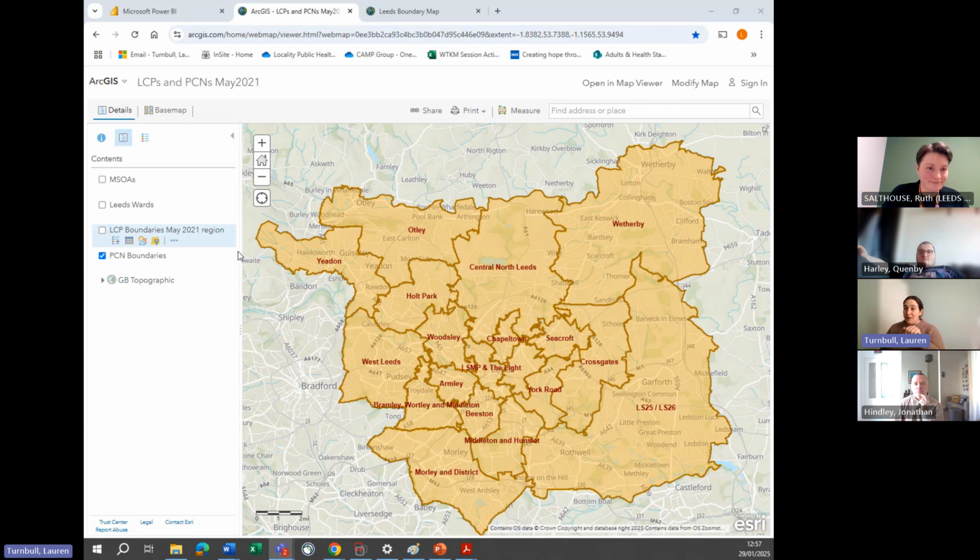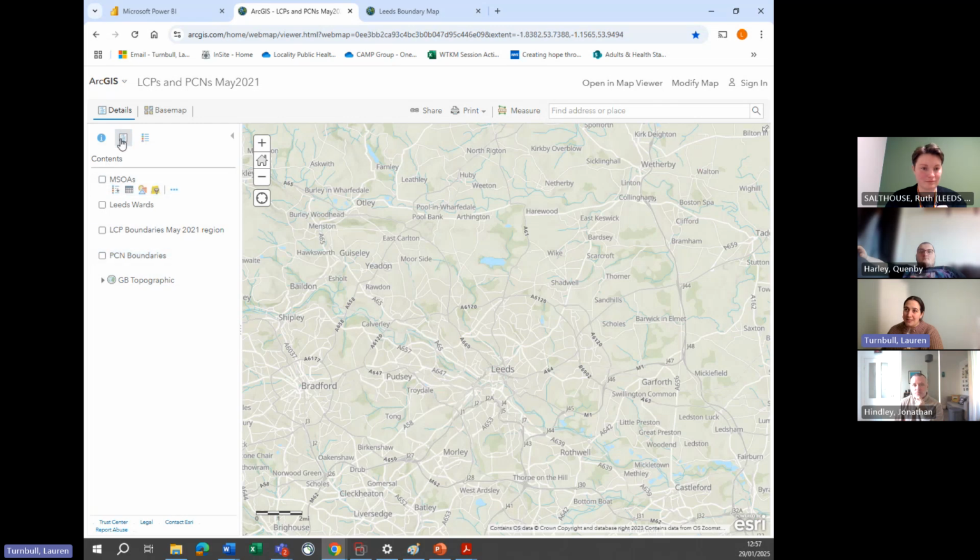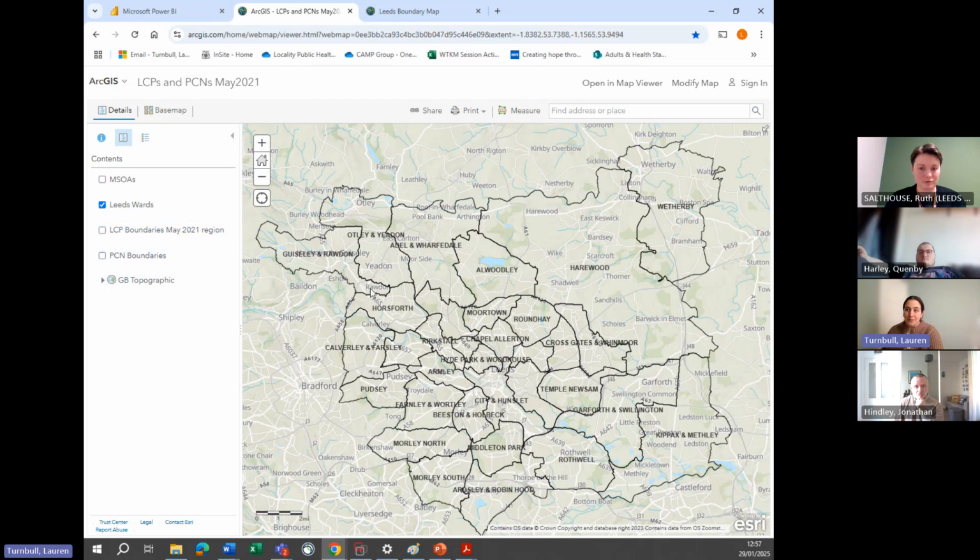So on here, you can see different footprints. At the moment, I've got PCN boundaries showing. These are all the PCNs, and you can see they're all different sizes. On here, in this box, you can look at Leeds wards. Those are the wards across the city.